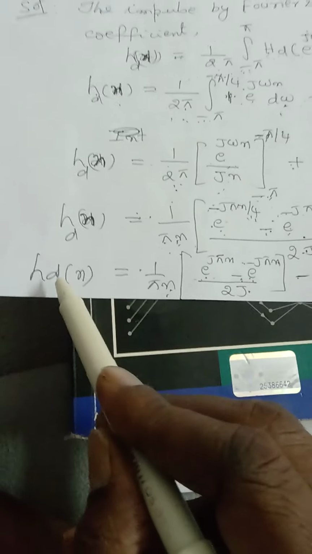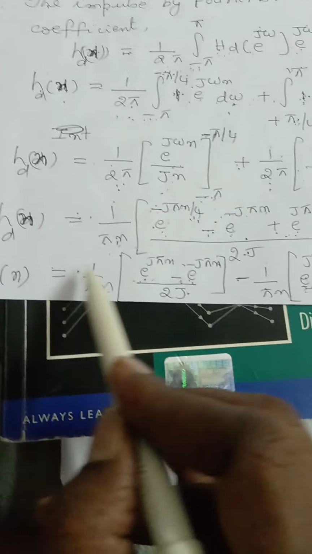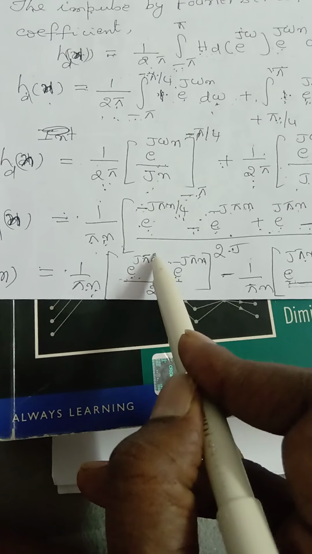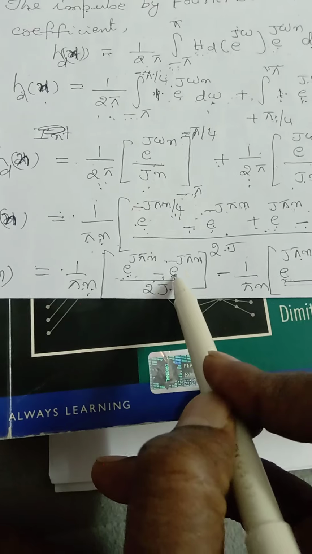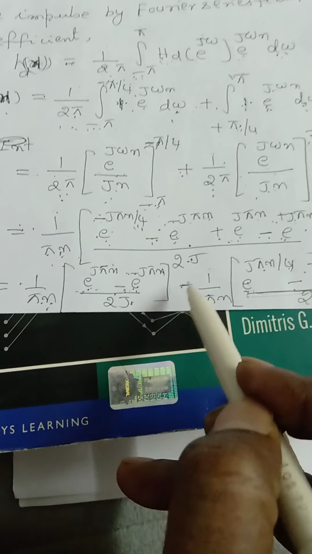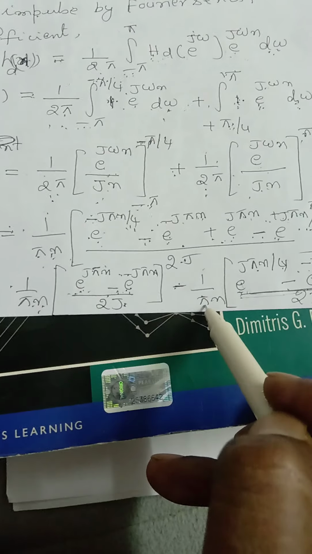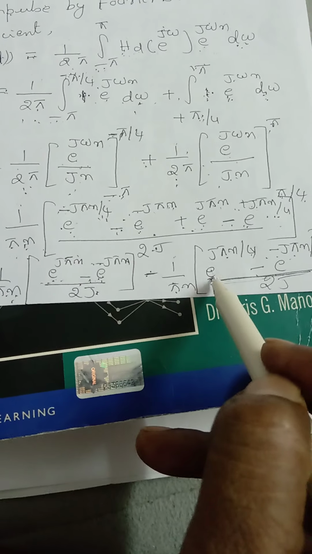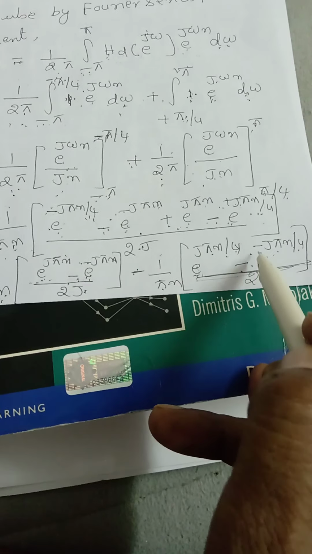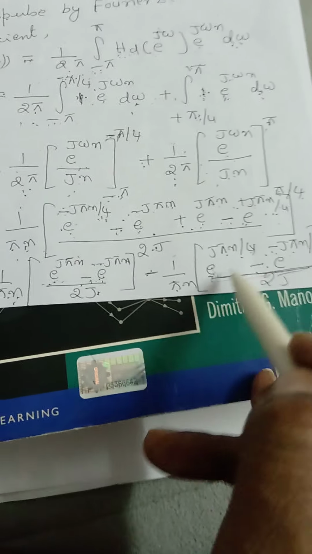Then hd of n is equal to 1 by pi n into e to the power of j pi n minus e to the power of minus j pi n divided by 2j, minus 1 by pi n into e to the power of j pi n by 4 minus e to the power of minus j pi n by 4 divided by 2j.